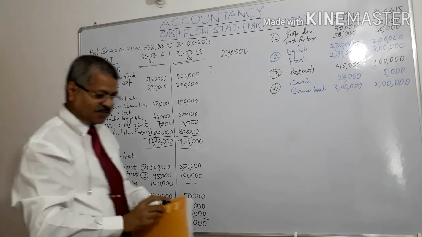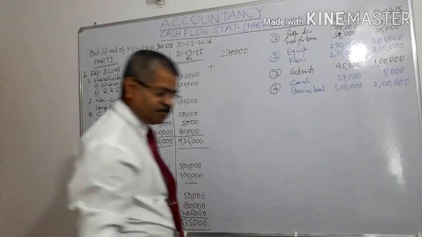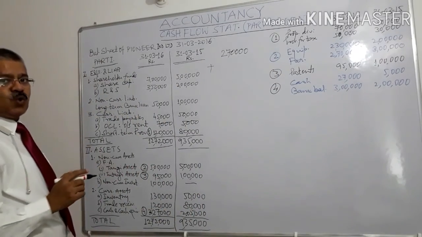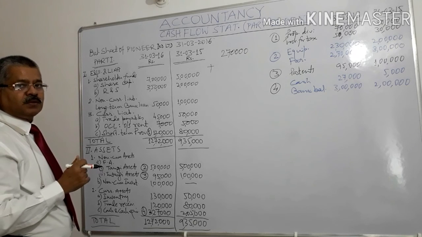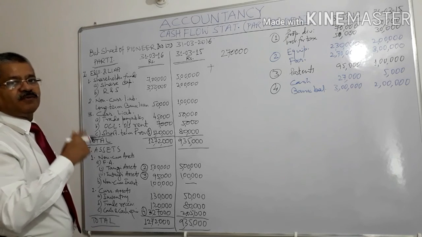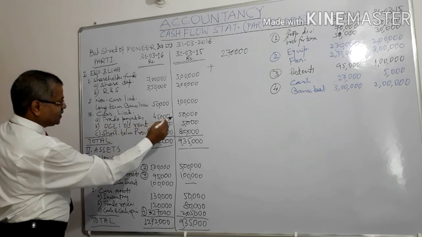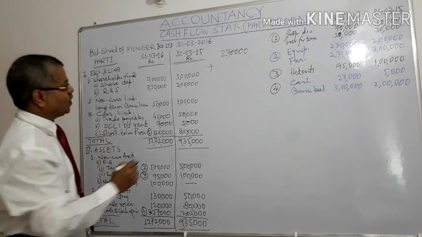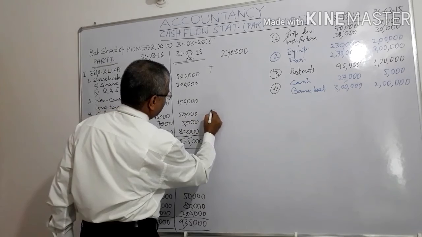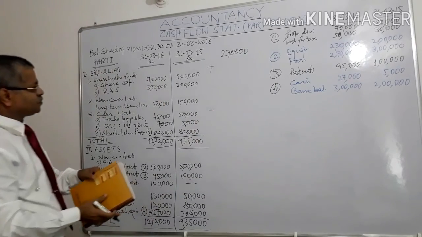When the current liabilities go up, we need to add. So here, current liability is going down. So what do we do?